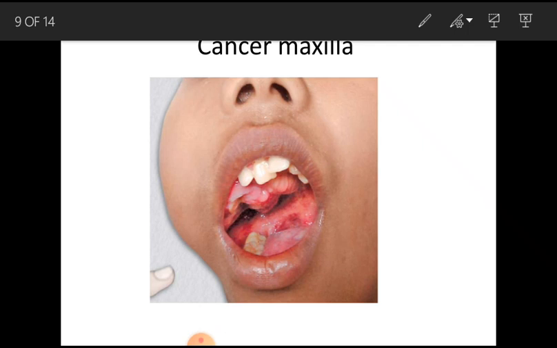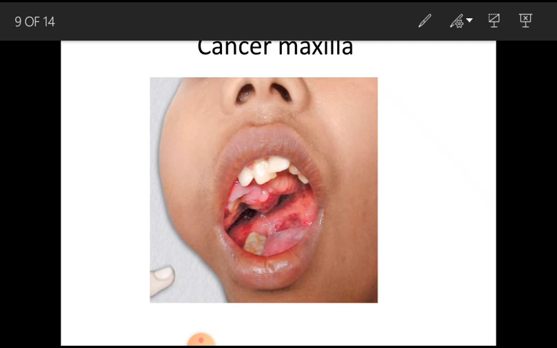The earliest presentation is chronic sinusitis not responding to treatment, with usually bloody nasal discharge, then extension to the roof, floor, medial and lateral sides of the maxilla, affecting related structures like the eye, nose, nasopharynx, palate, and lymph nodes.